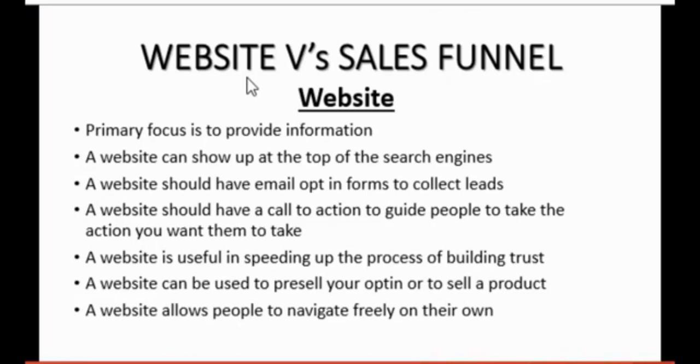If you're creating a blog and creating content in that blog, people are going to be able to find that through searches in search engines, whereas sales funnels aren't going to show up. But a website should have email opt-in forms to collect leads, and that's basically the first step of a sales funnel.